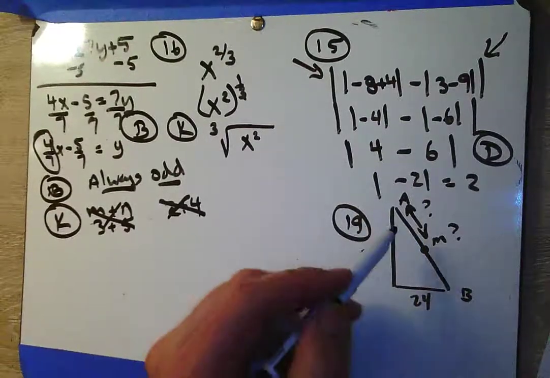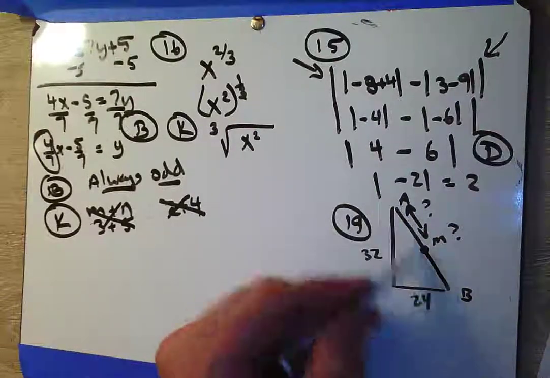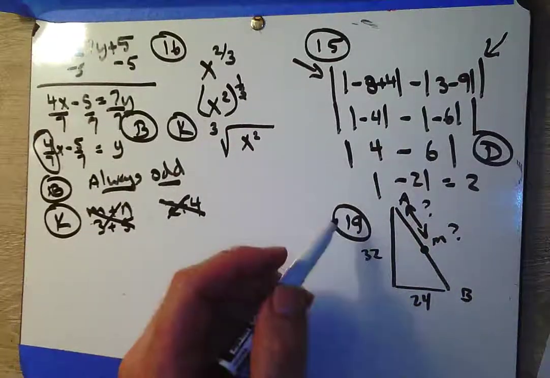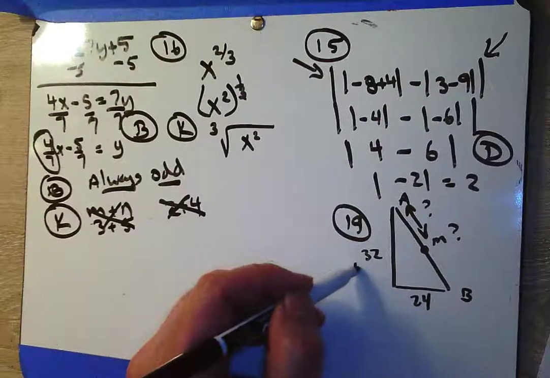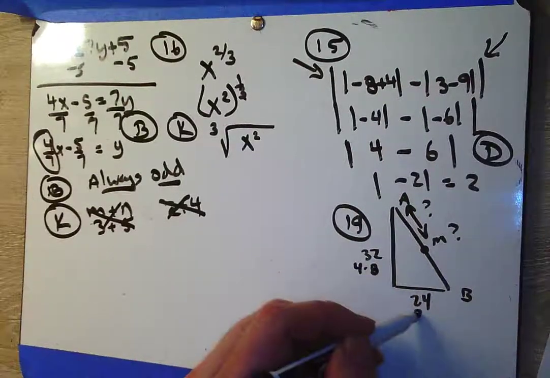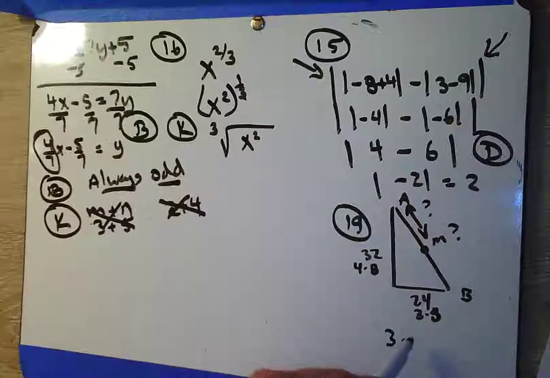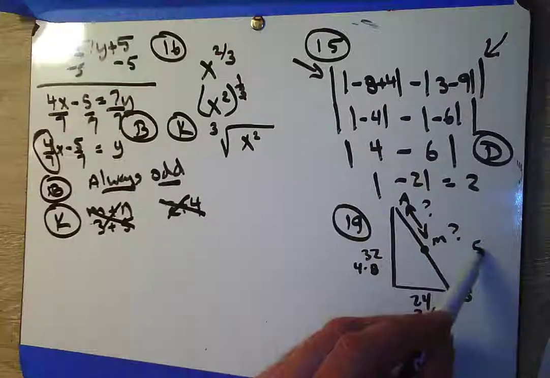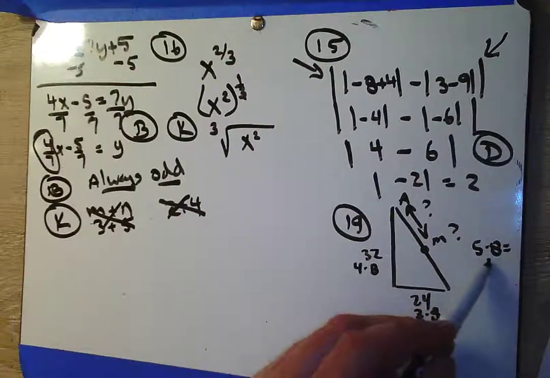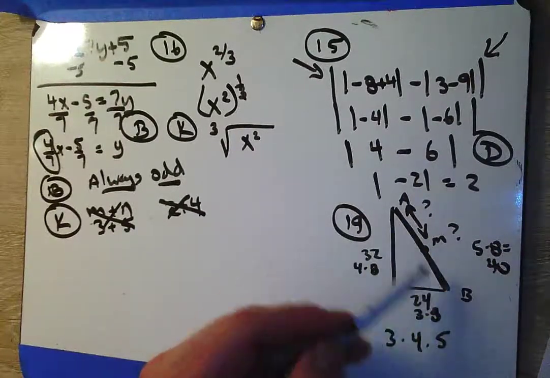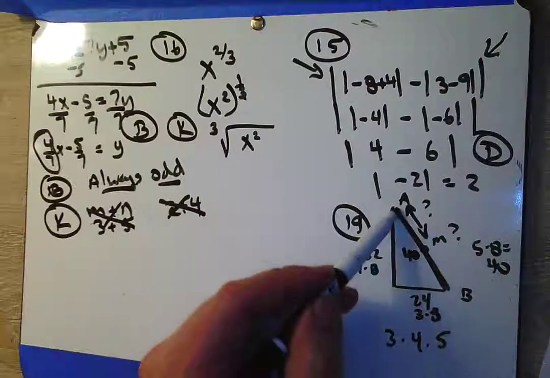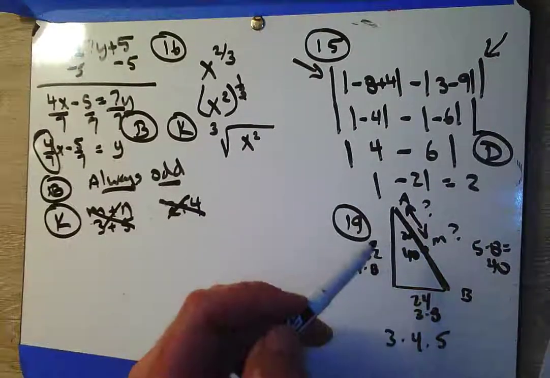Okay, well, first I need to find that length. And I can use the Pythagorean theorem, but I notice that this is 4 times 8, and that this is 3 times 8, and I know there's a Pythagorean triple, 3, 4, 5, so I think this will be 5 times 8, or 40. So this side length is 40, and halfway would be 20.